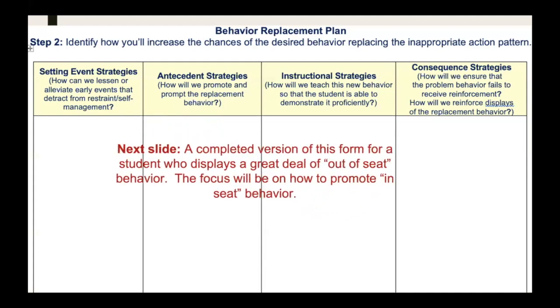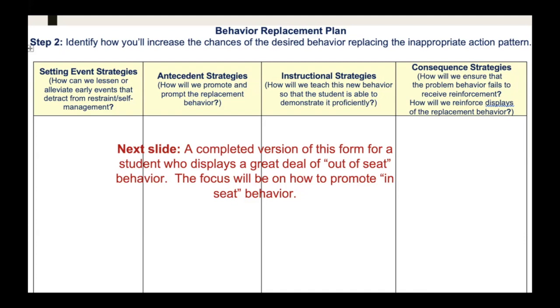This is one of the forms that you will be completing as you read about the various instructional strategies and the ABC analysis. You will be completing a form that we're going to see in just a bit. How are you going to prevent the setting events from occurring?